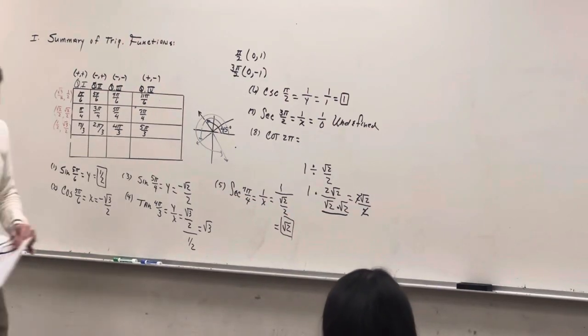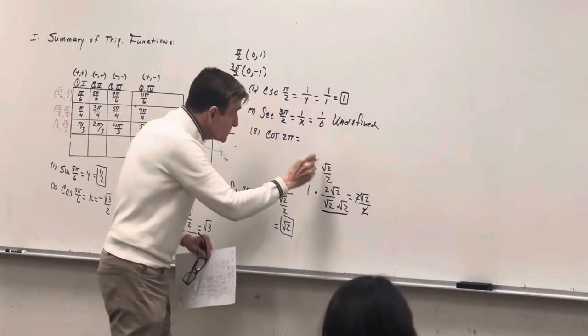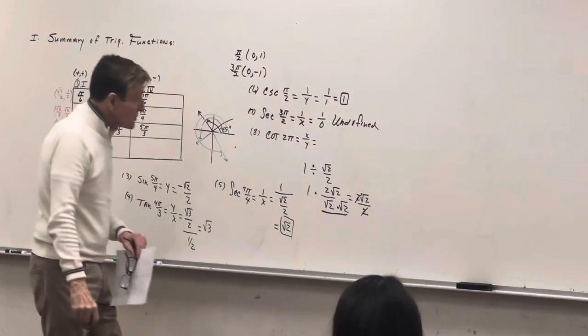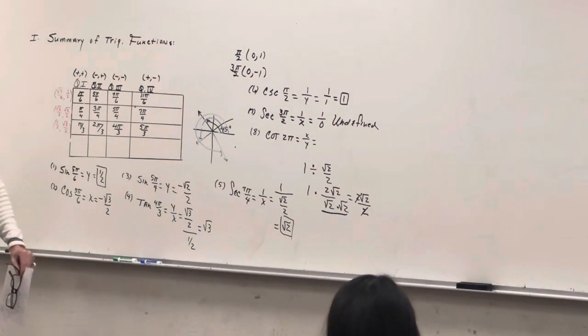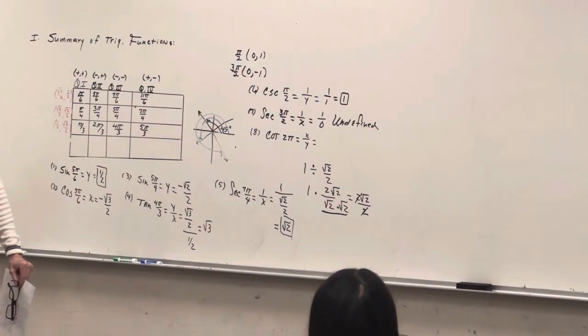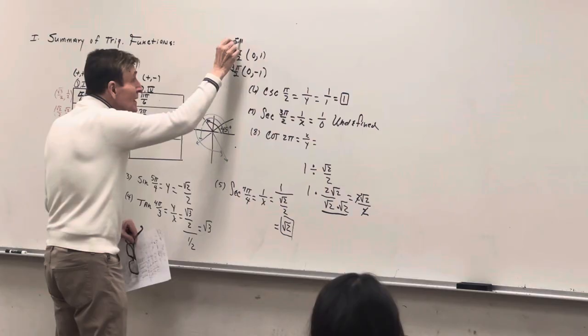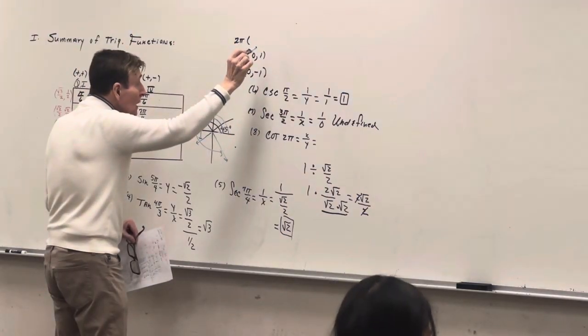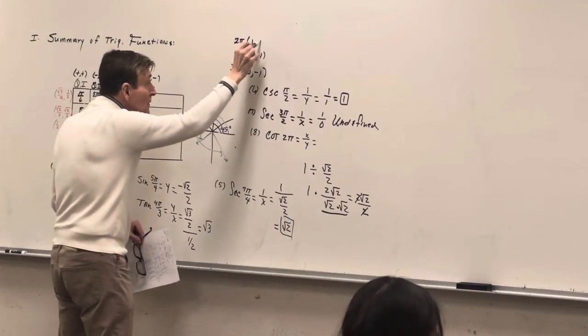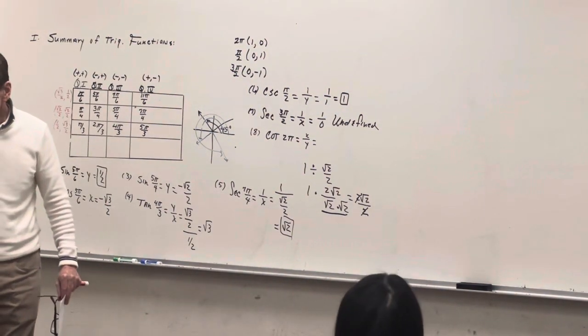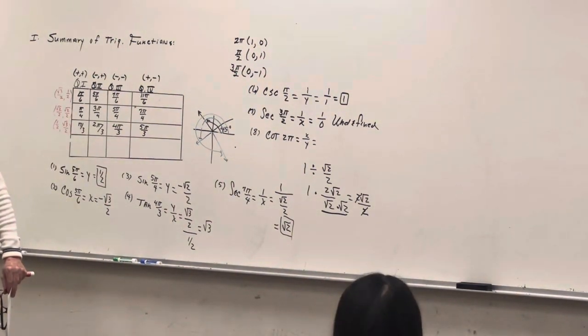X over y. 2 pi is not in the table, it's right on the unit circle. Does anyone recognize what the ordered pair was at 2 pi? What was it? 1, 0. Got backwards. Is it 1, 0? If you look on the unit circle, was the ordered pair there 1, 0 at 2 pi, like 360 degrees?